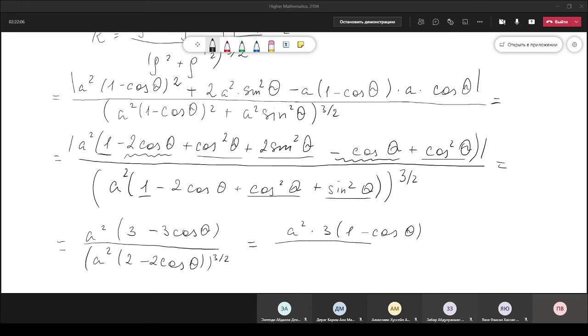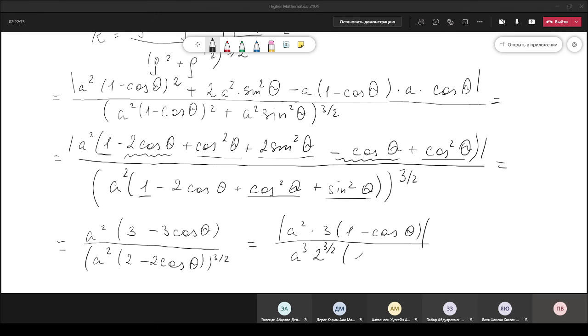In the denominator we stay a squared and degree 3/2. 2 times 3/2 is 3, just 3, because we have a cubed. This 2 with power 3/2. It's 2 square root of 2.